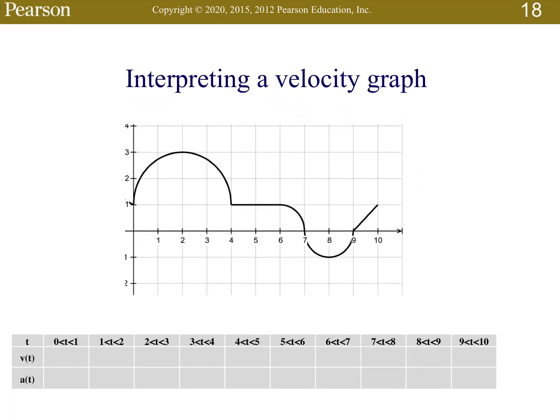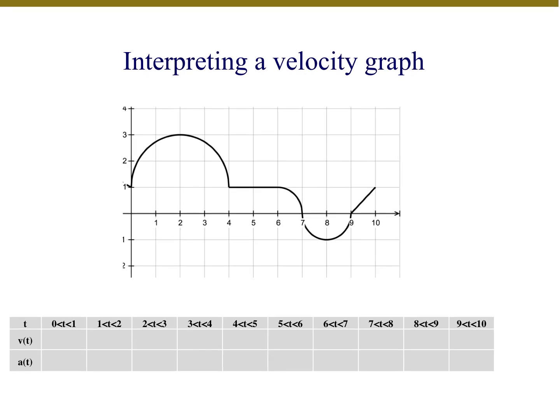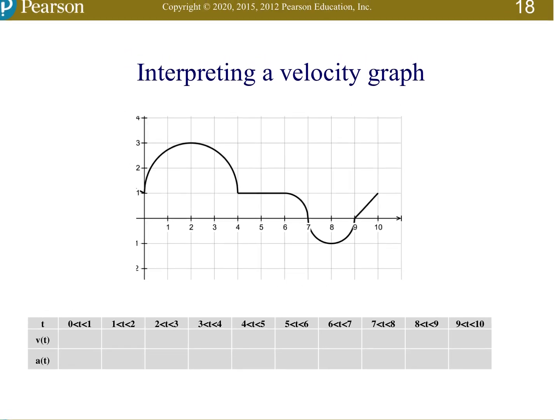All right, here's our last velocity graph we're going to look at. I'm going to do the velocity. This is already a velocity graph, so I'm going to find my velocity by looking at my area.